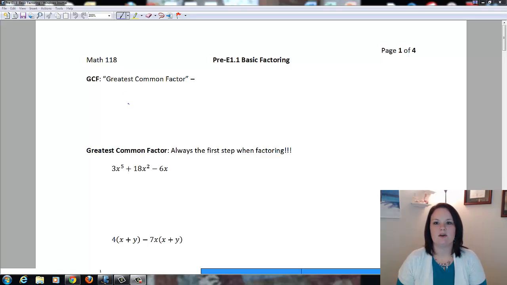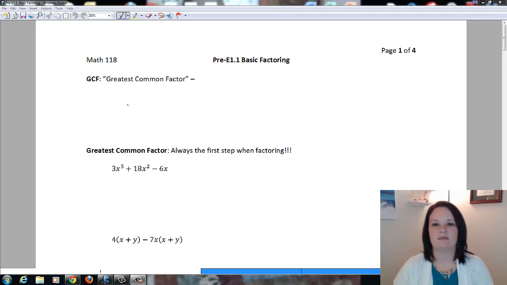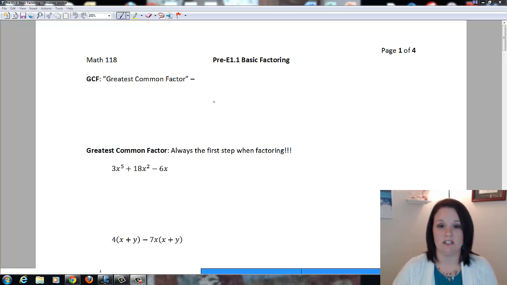Okay, so today we're going to go over some basic factoring review. Anytime we factor, the first thing that you always look for is the greatest common factor, which we call the GCF.